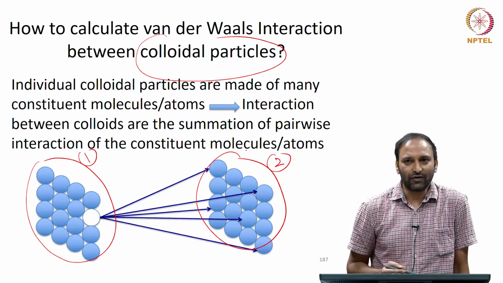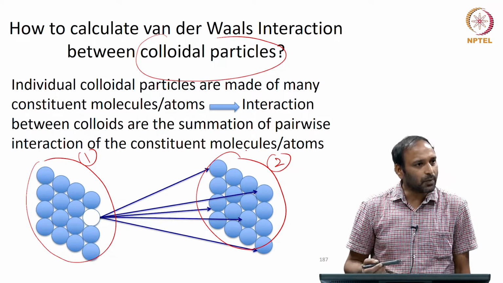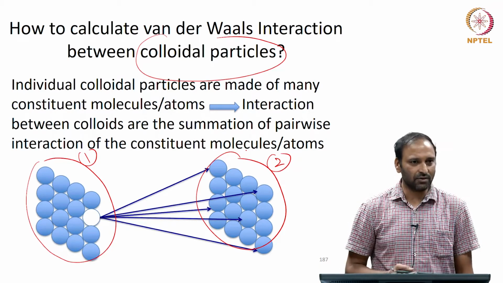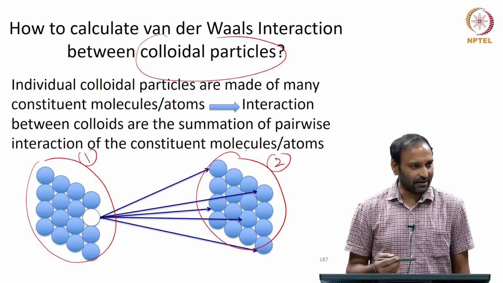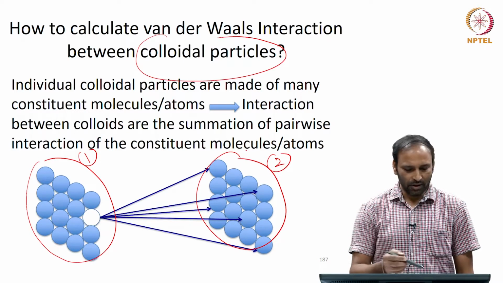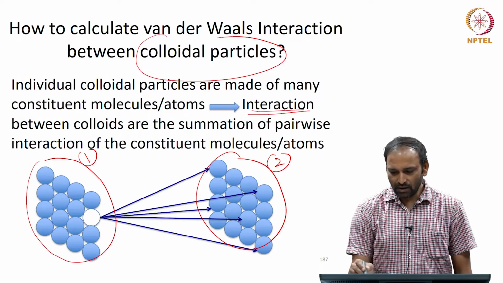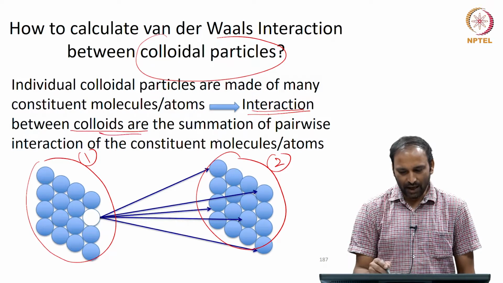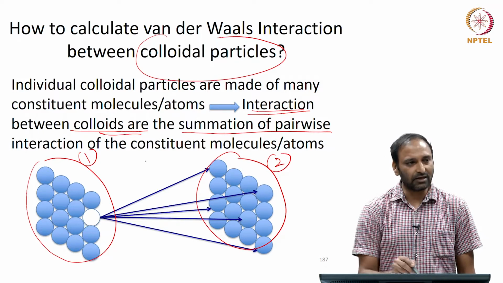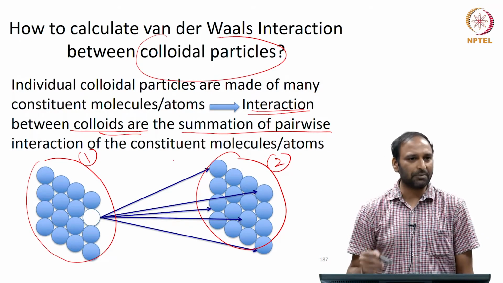If I know the size of the particle and its chemistry, whether it is gold, silica or anything, I should be able to calculate the number of atoms or molecules that constitute the colloidal particle. The interaction between colloidal particles is essentially a summation of the pairwise interactions of the constituent atoms or molecules that make up the particle.